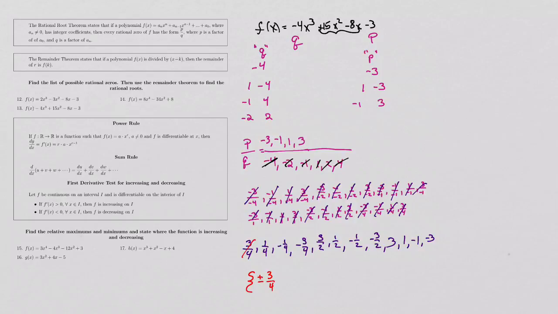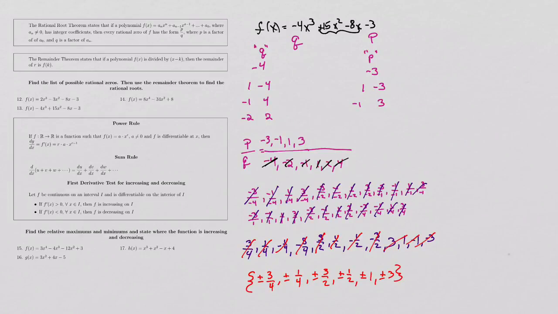So that takes care of this and this. Plus or minus 1/4. That takes care of this and this. Plus or minus 3/2 takes care of this and this. Plus or minus 1/2. Of course, we have plus or minus 1, plus or minus 3.